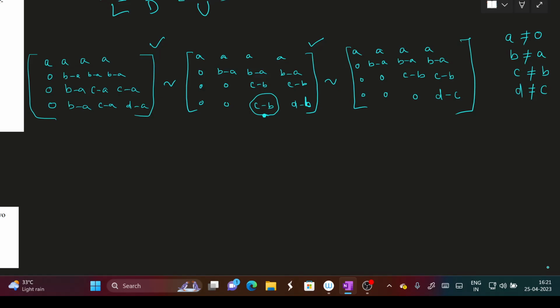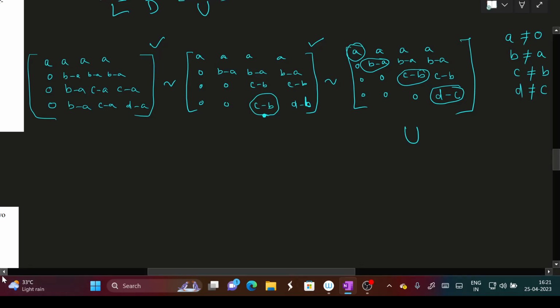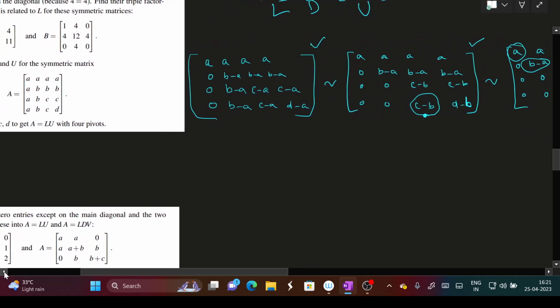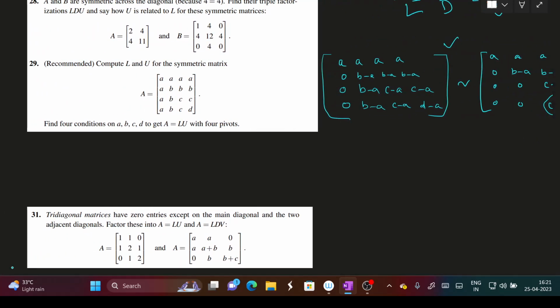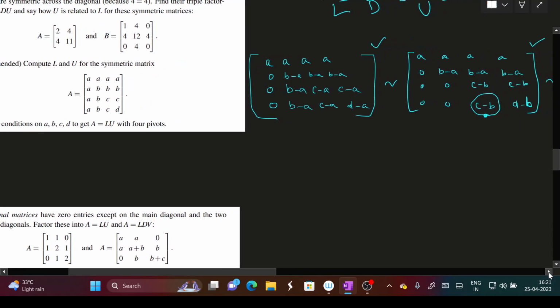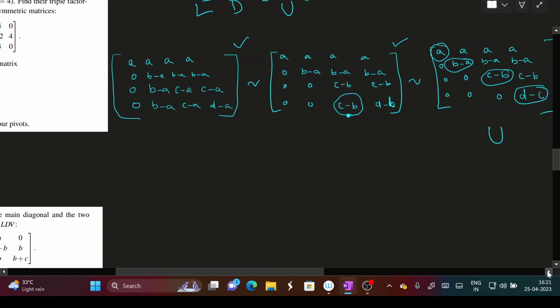So now this is in echelon form. This is my echelon form or U. Here this is a pivot, this is a pivot, this is a pivot, and this is a pivot. This matrix is non-singular, or its LDU factorization is possible, only when all the pivots are non-zero.